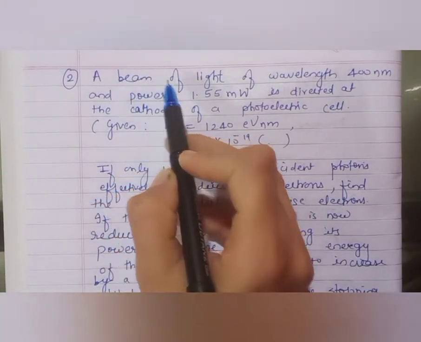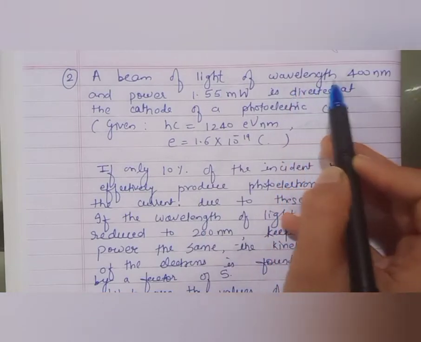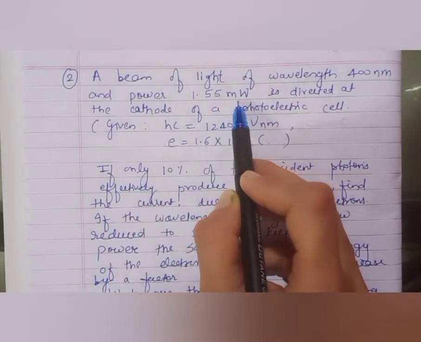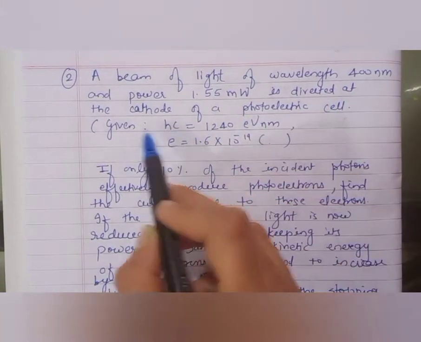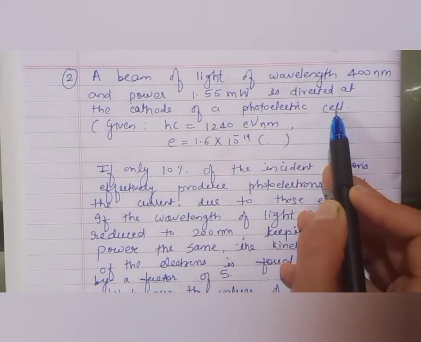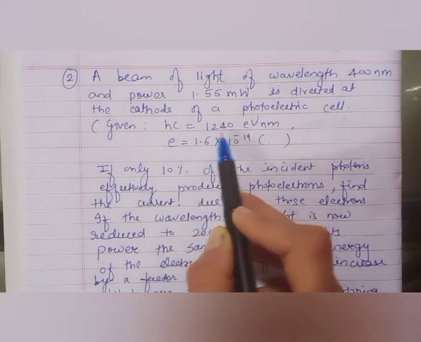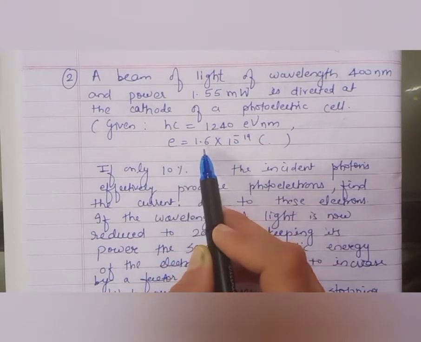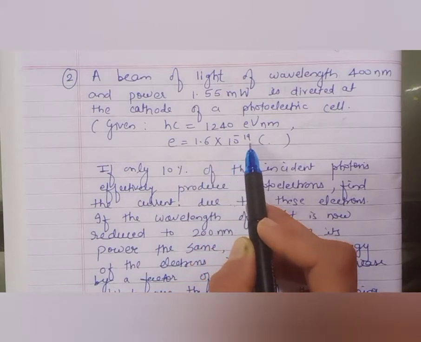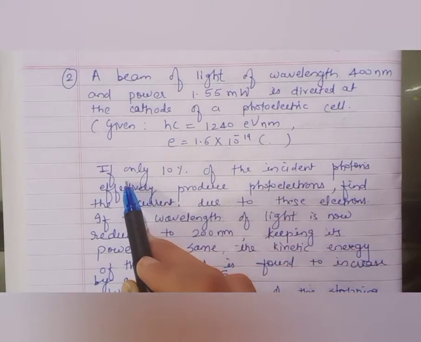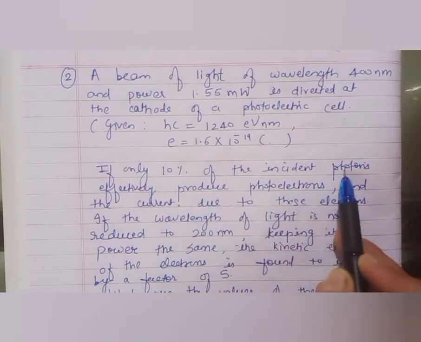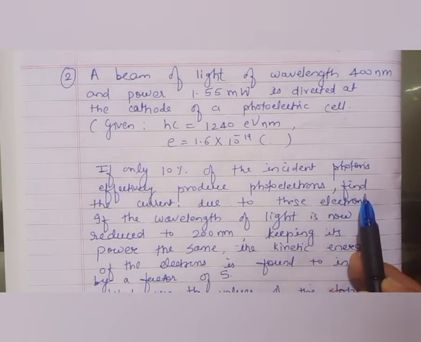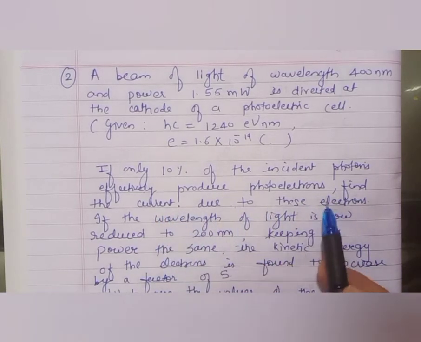A beam of light of wavelength 400 nanometer and power 1.55 milliwatt is directed at the cathode of a photoelectric cell. Given hc equals 1240 electron volt nanometer, e equals 1.6 into 10 raised to minus 19 coulomb. If only 10% of the incident photons effectively produce photoelectrons, find the current due to these electrons.